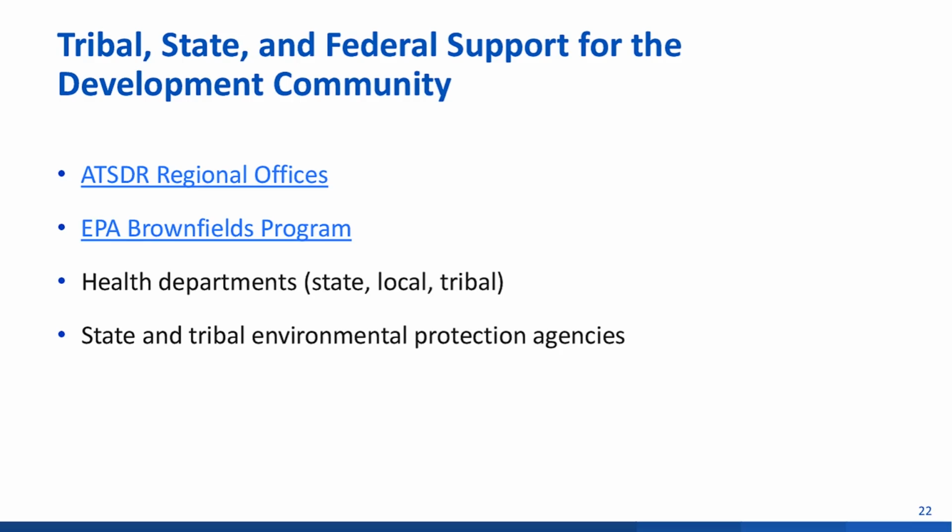Other organizations could also be helpful, including the EPA Brownfields program, which focuses on cleaning up old factories and industrial sites. The website is https://www.epa.gov/brownfields. Other assets include health departments in the local area or state which focus on keeping communities healthy, state and tribal environmental protection agencies, which focus on the environment and its effect on people's health.